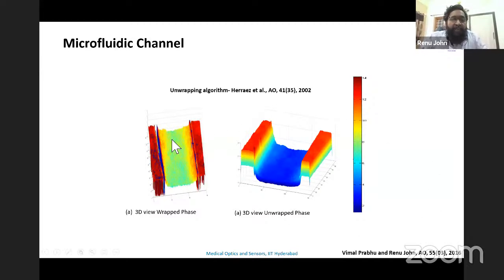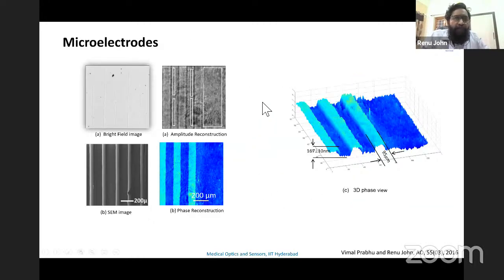Whenever there are edges, we see a problem called phase wrapping, so we don't get steep jumps in phase at the edges. We have to use phase unwrapping algorithms, where we can get a nice jump of phase at the edges. All of these are well reported and already available, so we can use the algorithms for phase unwrapping and reconstruct a perfect phase of the object back.